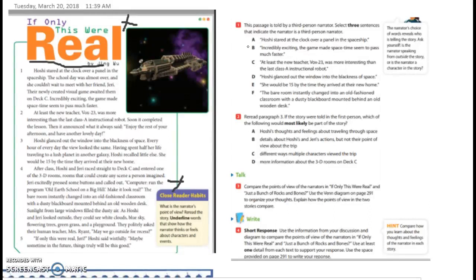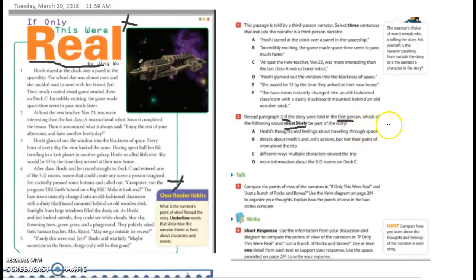Select 3 sentences that indicate the narrator is a third person. Number 2. Reread the paragraph 3. If the story were told in first person, which of the following is most likely? I see the word if here. If the story were told from first person, which would most likely be true?